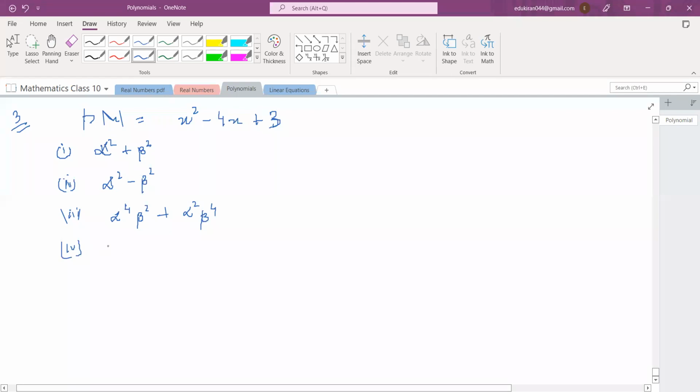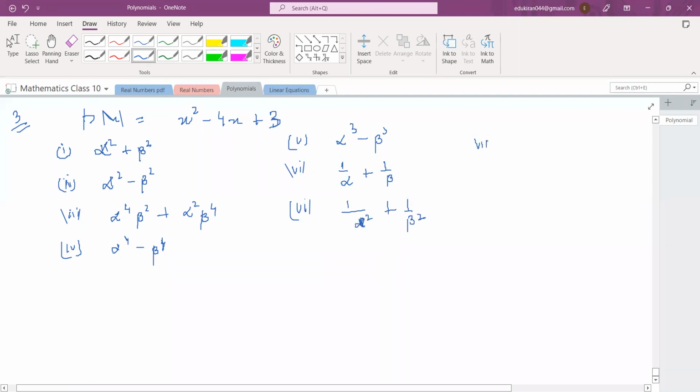Fourth one, alpha to the power 4 minus beta to the power 4. Then fifth, alpha cube minus beta cube can be asked. Sixth, 1 by alpha plus 1 by beta can be asked. Then 1 by alpha square plus 1 by beta square.